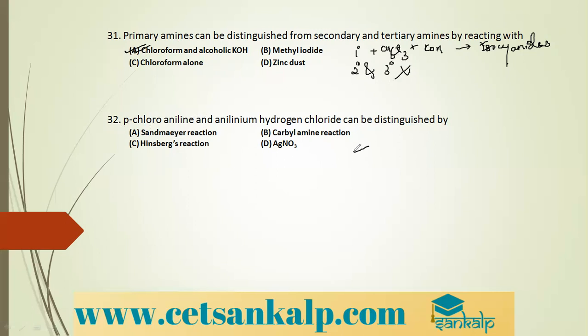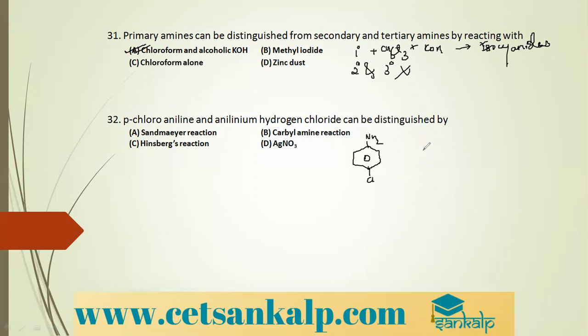Parachloroaniline, with NH2, and anilinium hydrogen chloride, which produces chloride ion and gives a white precipitate. Can they be distinguished?